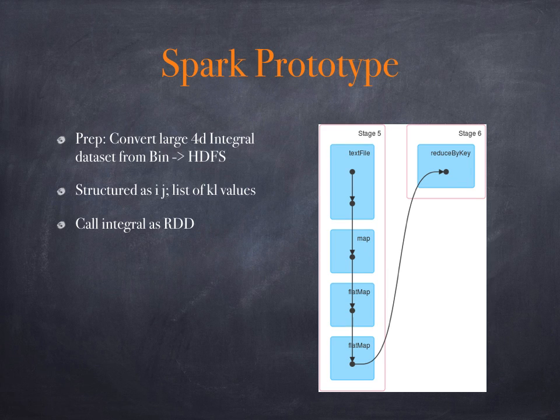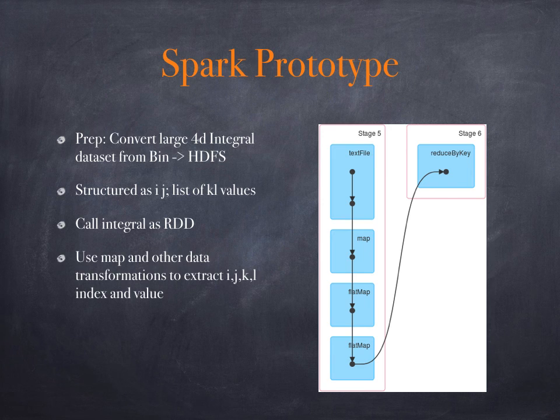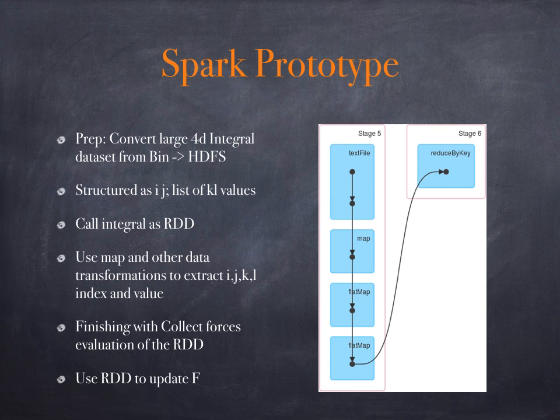We could then call this HDFS text file as an RDD and perform the necessary transformations to extract the index and value required to update the Fock matrix. Finally, a collect call was added to evaluate the RDD so that it could be added to the Fock matrix.